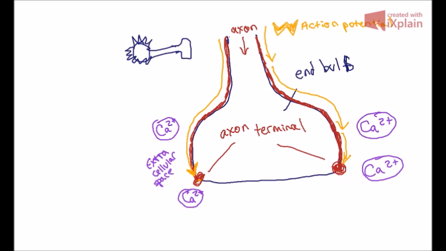And at the end terminals, remember how the voltage-gated channels let in the sodium on the plasma membrane at the axon hillock? Then right around the end terminals at the end bulb, there are more voltage-gated channels.